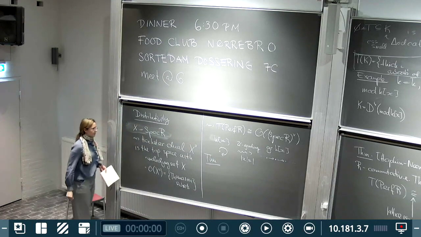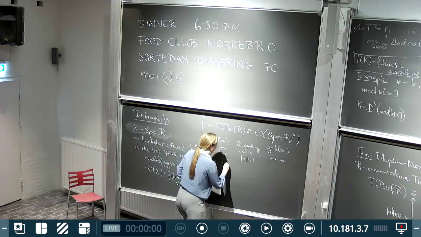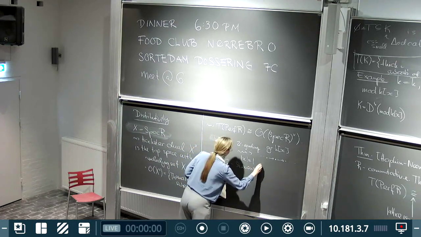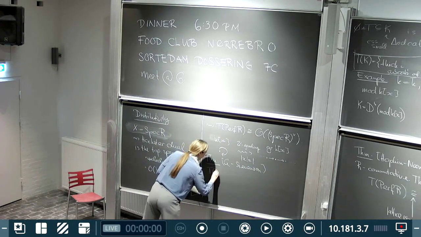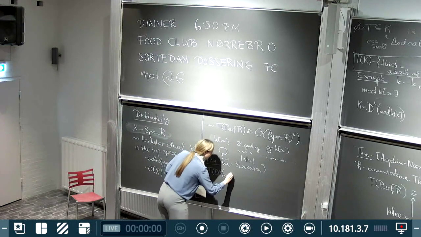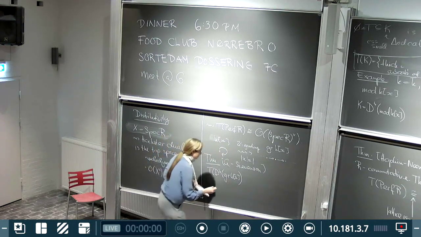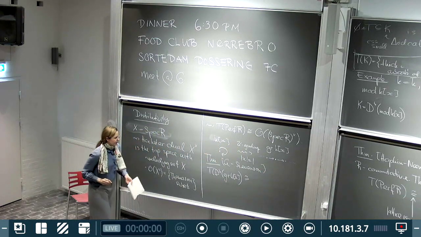Not a big change, you think, but it is. We can show precisely what the lattice of subcategories of the category of the graded polynomial ring is.